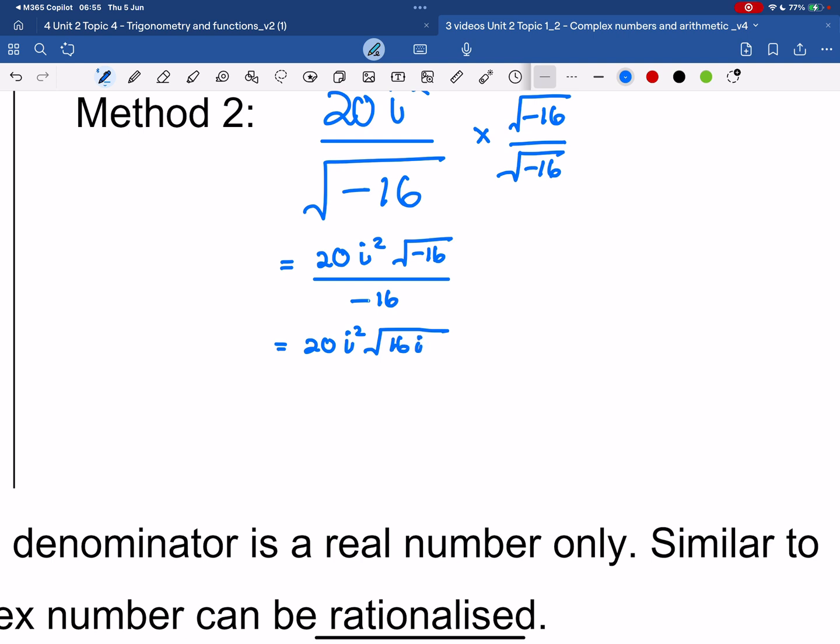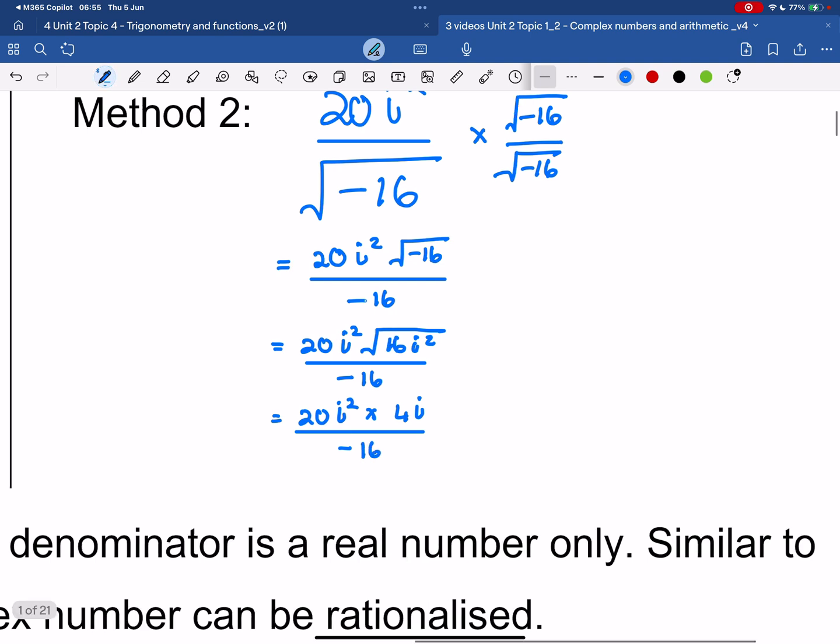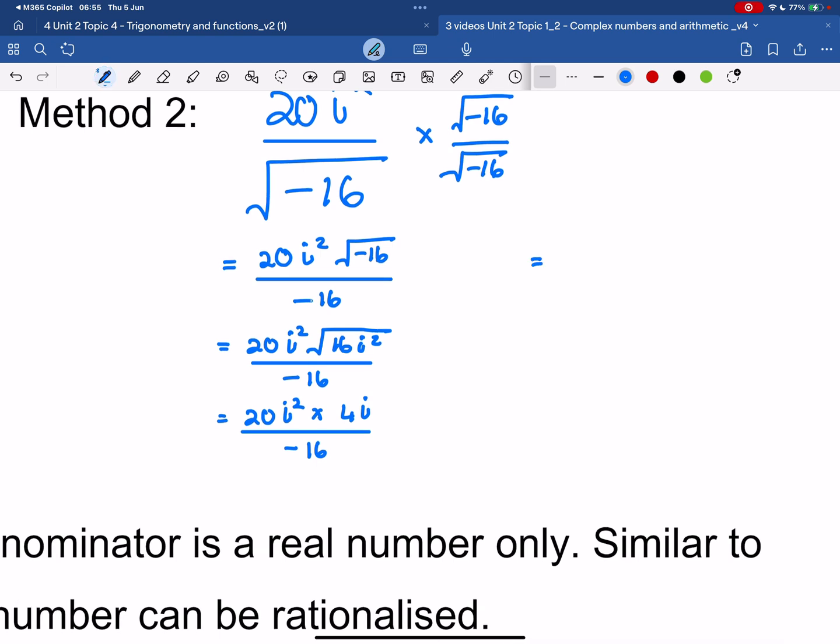So 16i squared, still dividing by my negative 16. And then I have 20i squared multiplied by 4i over my negative 16. And i squared times i gives me i cubed.